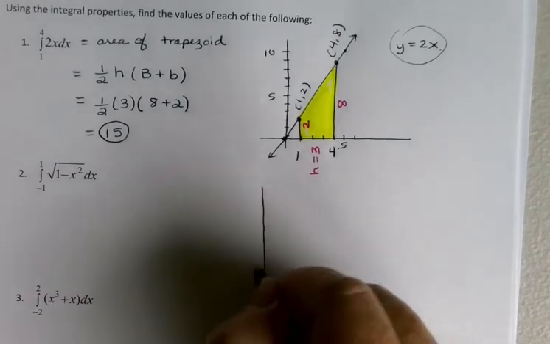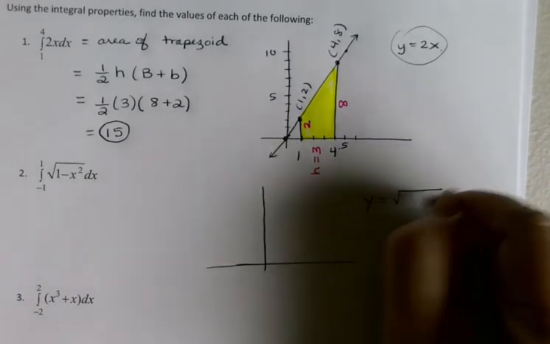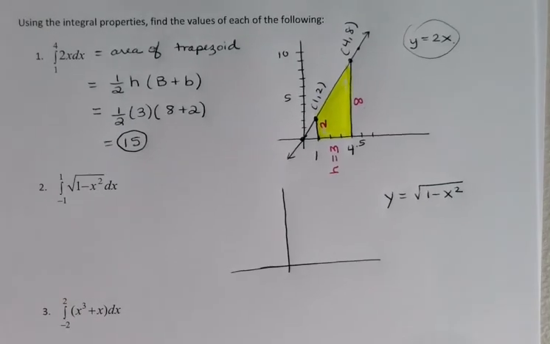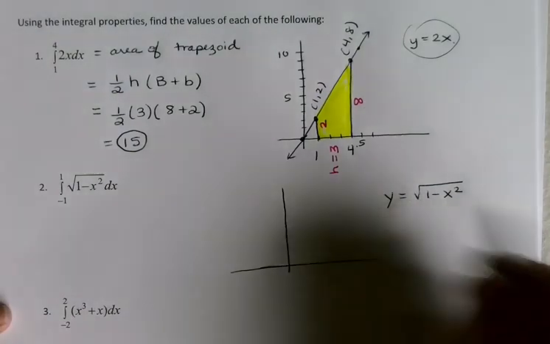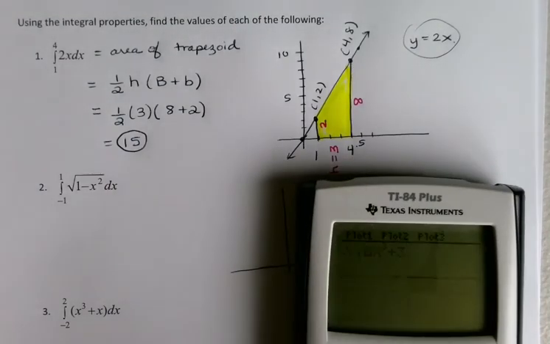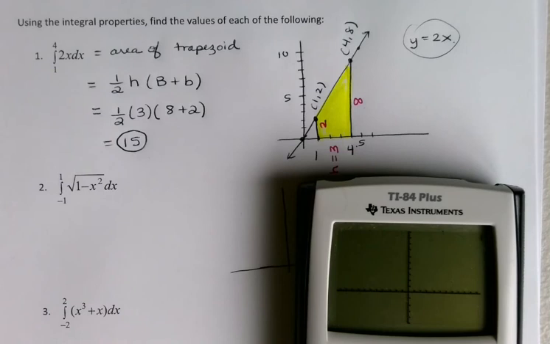So let's see if we can sketch that graph. You may know what that one looks like, and if you don't, you can always use a calculator or Desmos to find it. This is actually the top half of a circle of radius 1. And let me use a zoom square so that we really see it looking like a circle.